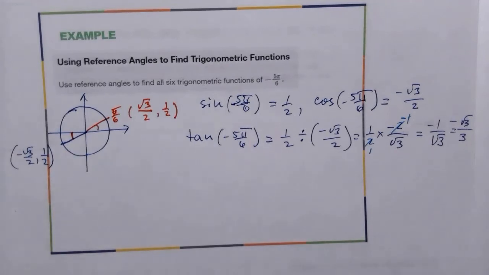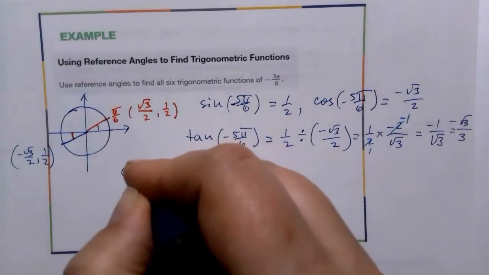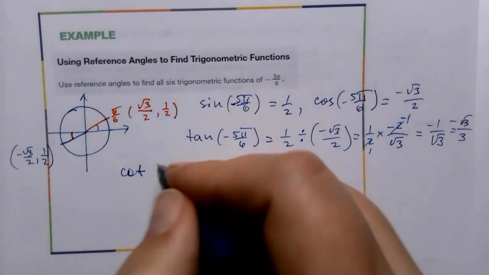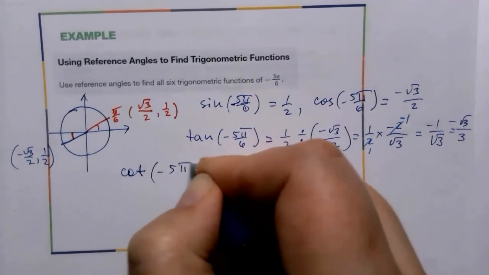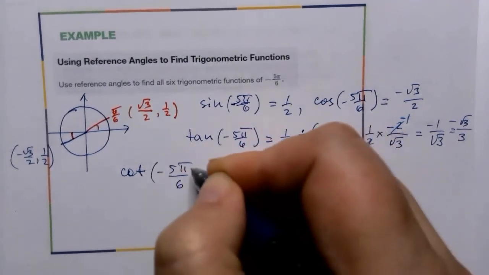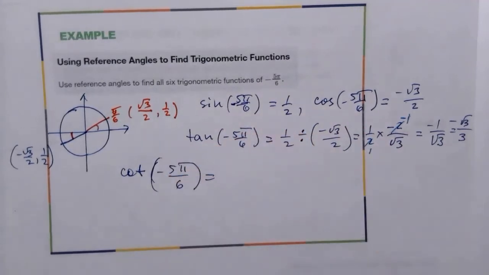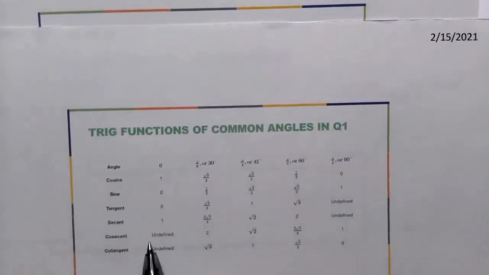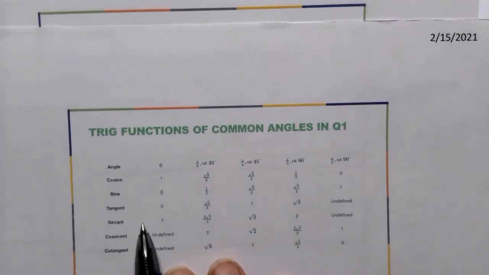So let's try that for the cotangent of negative 5 pi over 6. Well, cotangent, it's down here, it's square root of 3.